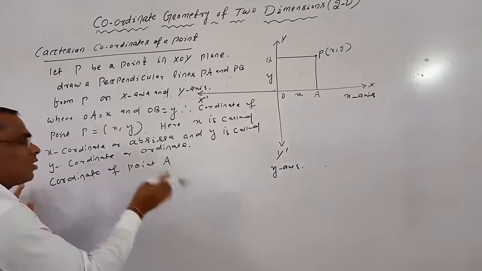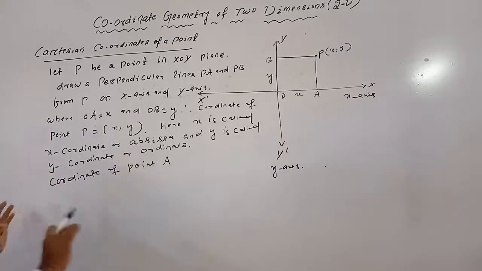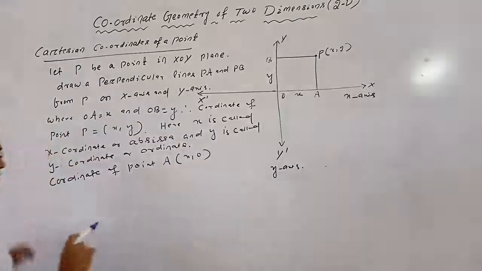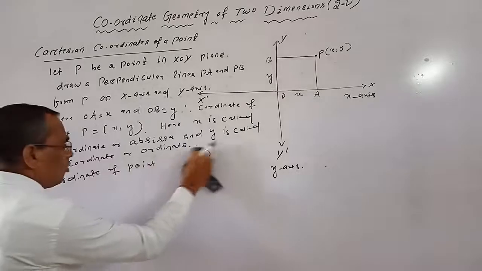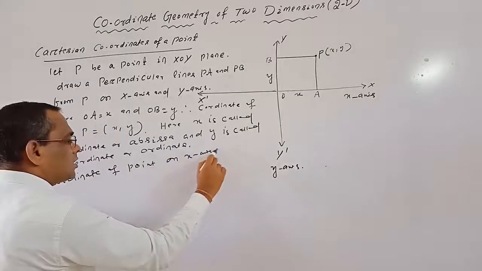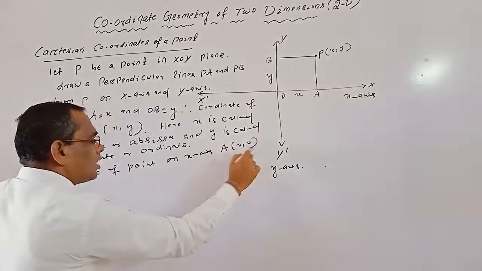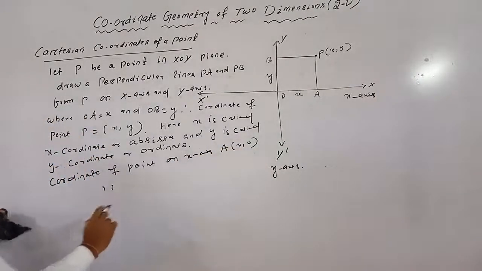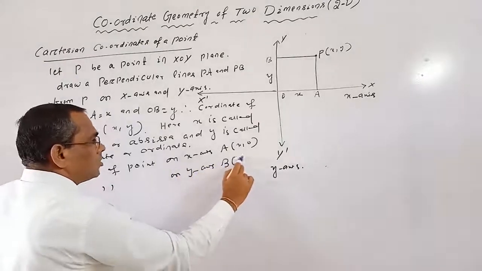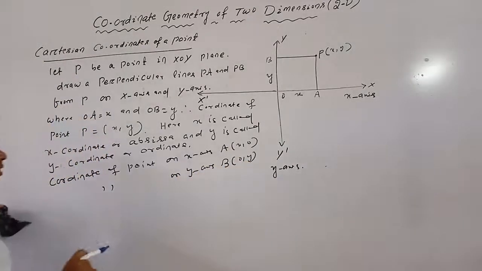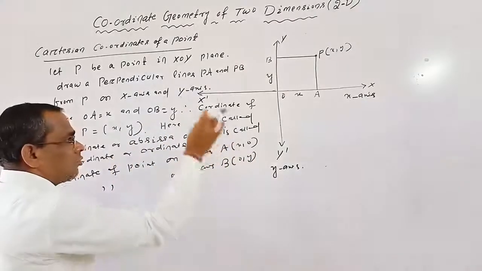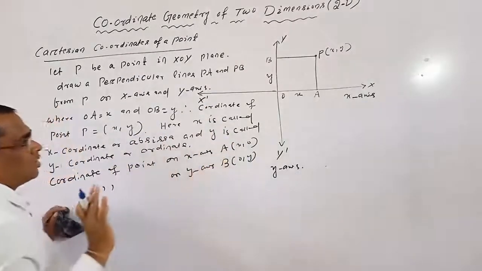The coordinate of a point on the y-axis is B of 0 comma y. On the x-axis, the y coordinate must be 0. On the y-axis, the x coordinate must be 0.